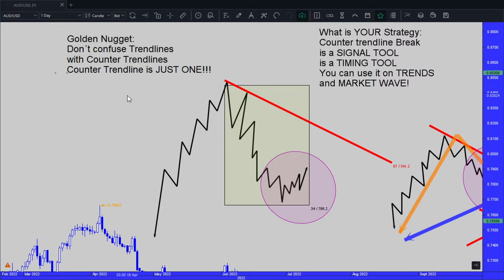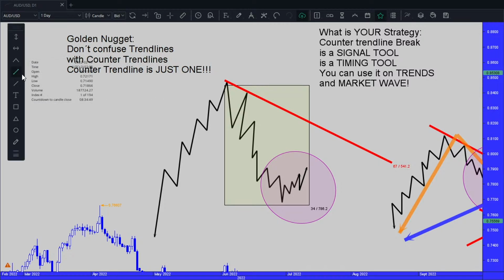Okay. Counter trend line is just one. Trend line is leading, yes, very good. Down retracement until it breaks the red one, exactly. Okay, so if you are going to do something like this, and you are going to go long, there is not right or wrong, but then the market is going to do something like this, don't come cry to me. Don't send me emails, oh boss, counter trend line doesn't work. Okay, counter trend line is just one.